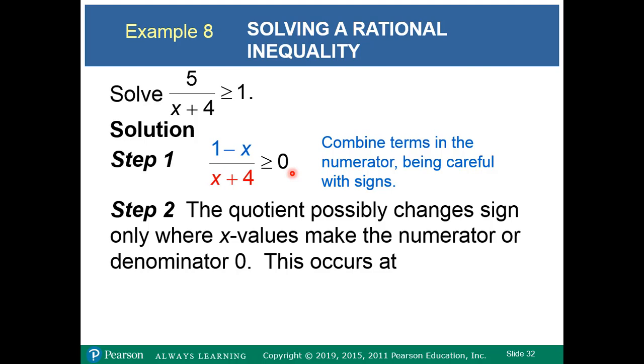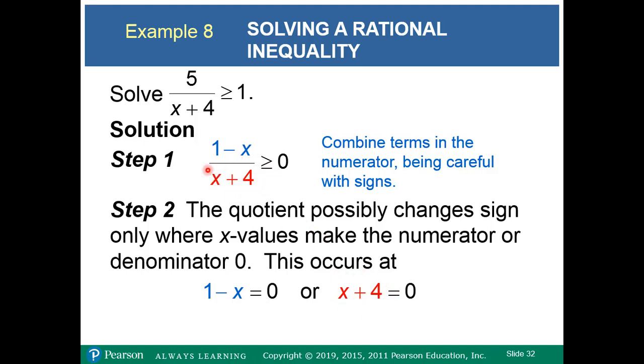So we're going to find the zeros of this thing. When is a fraction or rational expression 0? When the numerator is 0. So we want to find all the values where the numerator is 0, so we can look for our intervals. This occurs when 1 minus x is equal to 0, or when the denominator x plus 4 is equal to 0, because we can't have any restricted values.